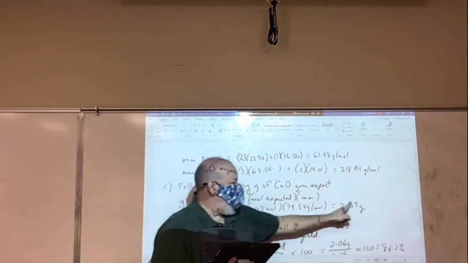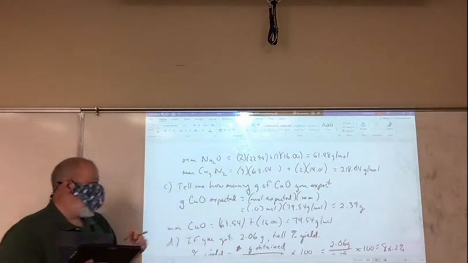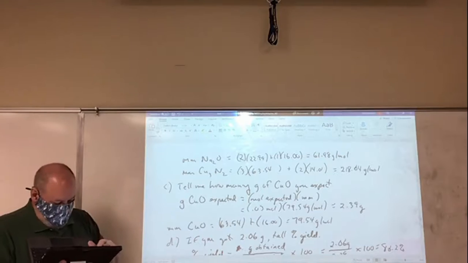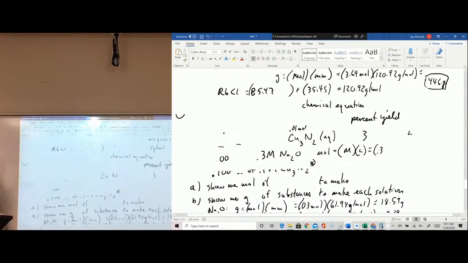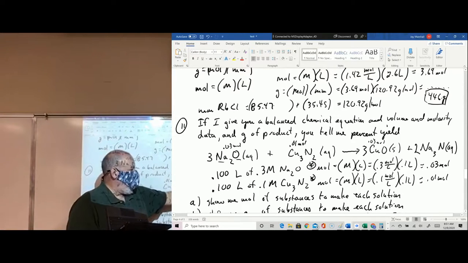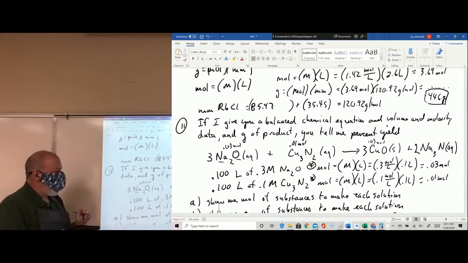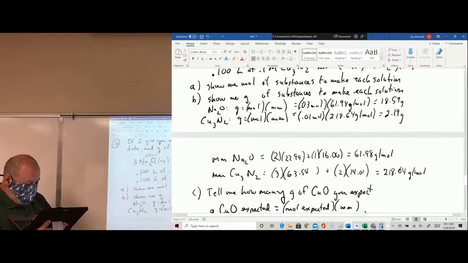I expect 2.39 grams of this. Not only do I expect 0.03 moles of this, but I've calculated how many grams that is, and that tells me how many I should shoot for.